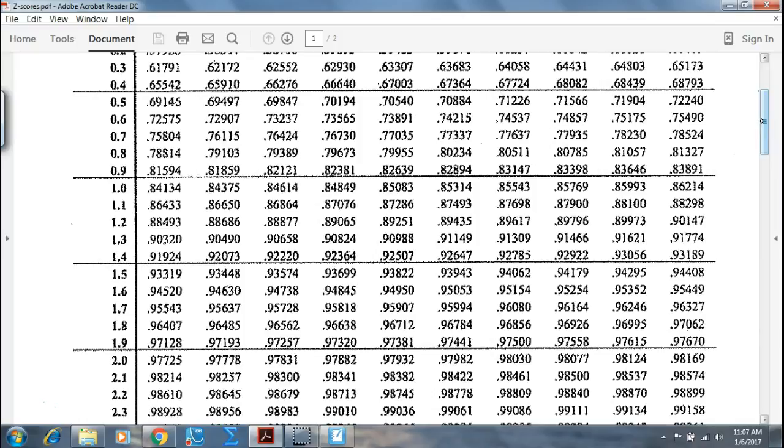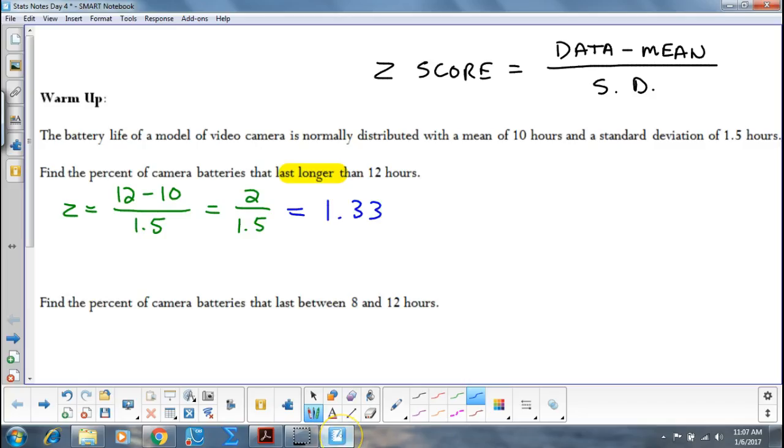1.33. So here's 1.3. I go over 0, 1, 2, and 3. So that gets me 0.90824. So that gives me 0.90824, right?